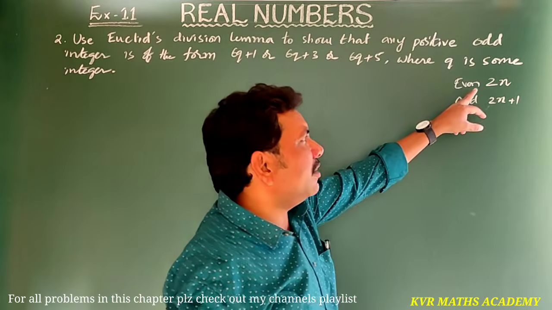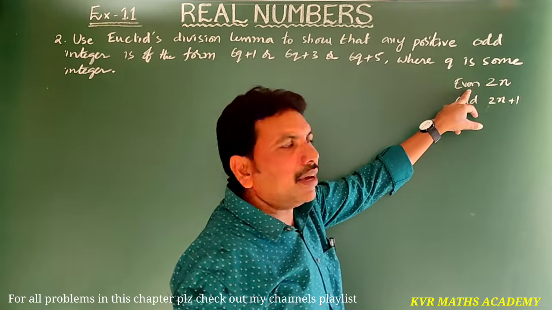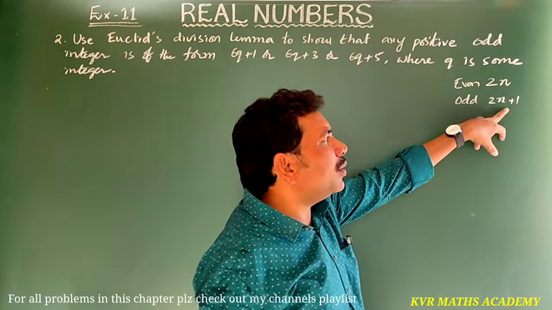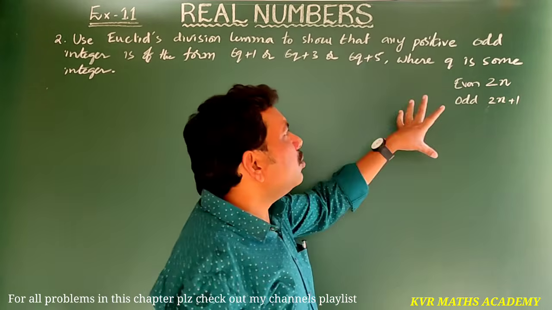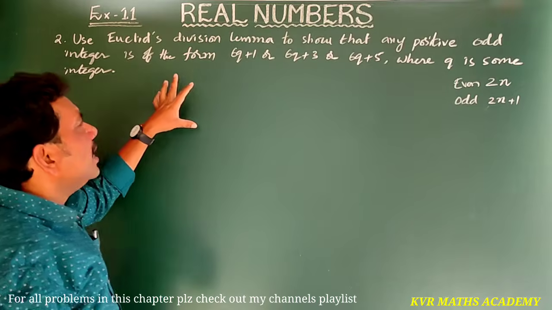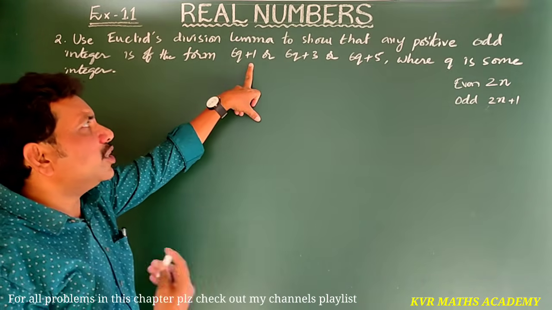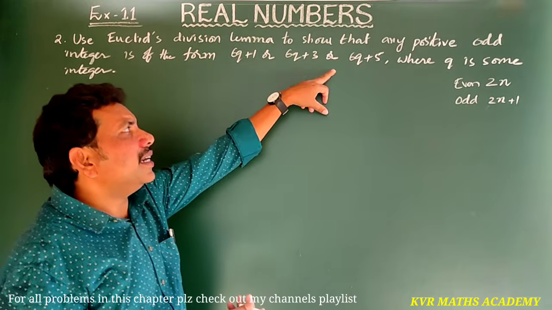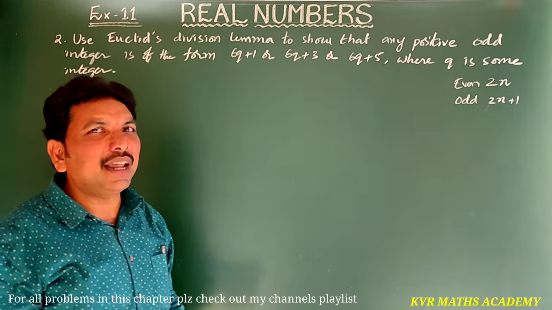If any number is of the form 2n, then the number will be an even number. So any number of the form 2n plus 1, that is an odd number, right? So we have to show that any odd positive integer is of the form 6q plus 1, 6q plus 3, 6q plus 5 by using Euclid's division lemma.